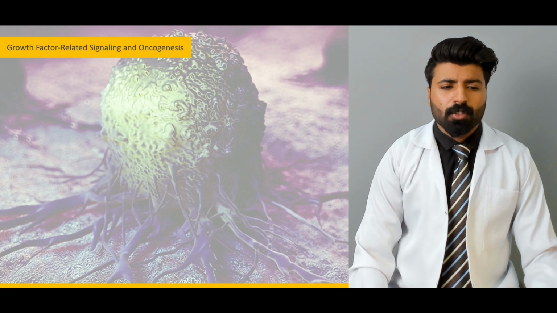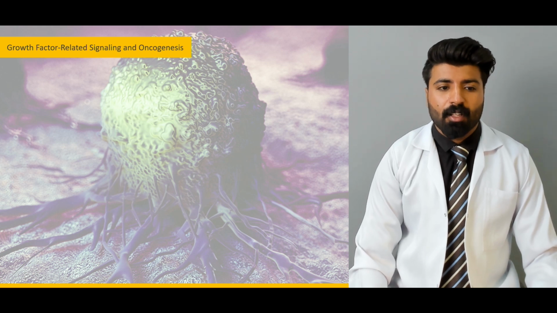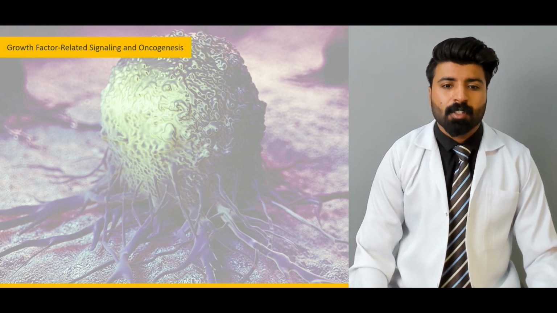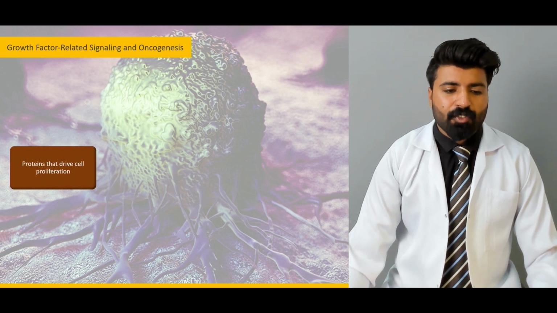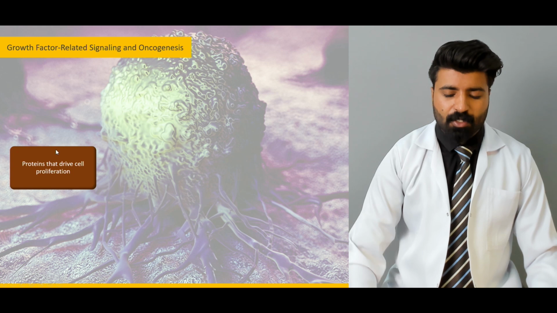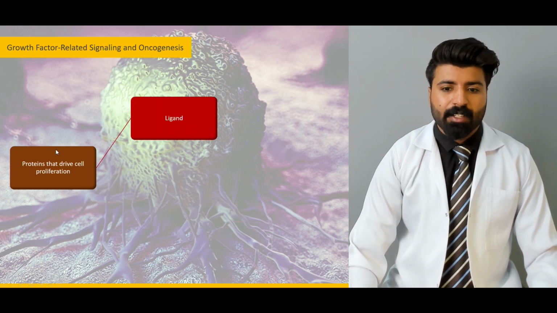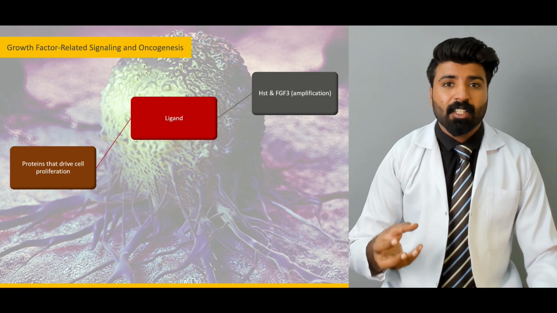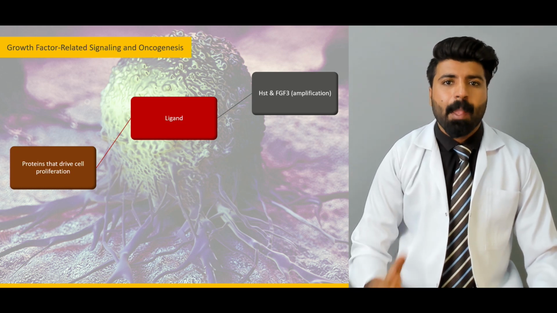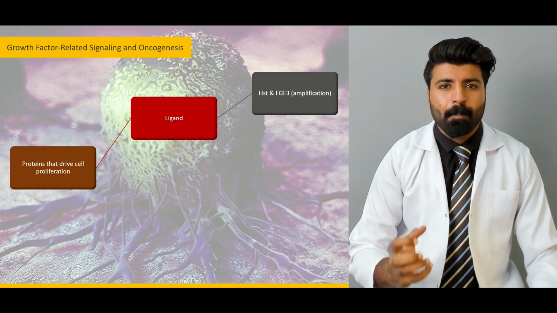Next on we have growth factor related signaling and oncogenesis, meaning what impact growth factors will have on signaling and oncogenesis. Those proteins that drive the cell proliferation can either attach to the ligand, or, in the mutation, the signals can be amplified.